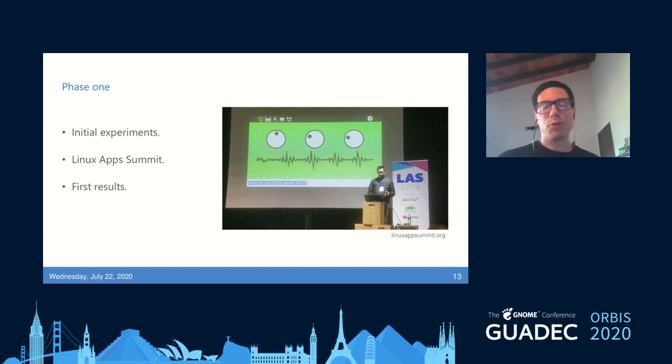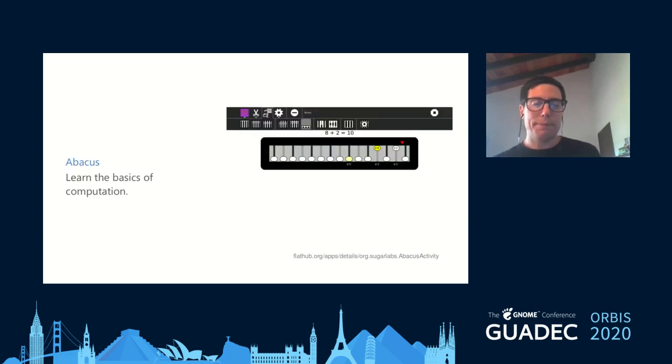Even while I was still there, they helped me with some very early reviews and helped me with some technical issues. And maybe a week later, after I came back home, we already published the first two apps, right? One is Abacus, which is literally what the name says, but it has many different representations, and this is really interesting to expose kids to, because they can see very fundamental concepts of computation, like how information gets represented and how arithmetic works in these different representations.